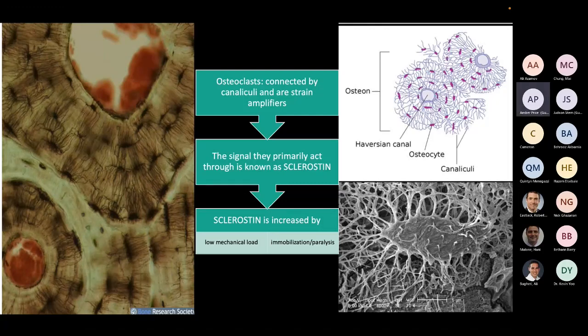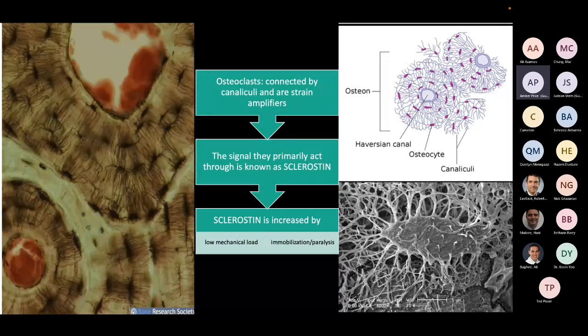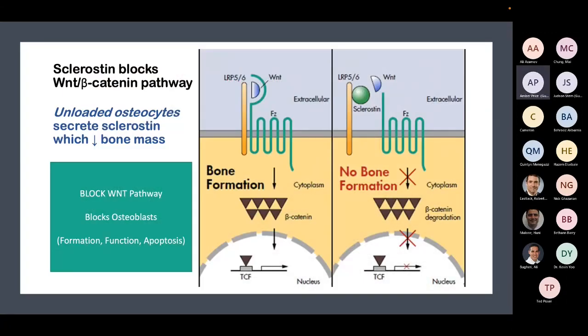And sclerostin for us is not something that we want to see high loads of, because it's produced by the osteoclasts as a response to low mechanical loads, such as immobilization or paralysis or just overall decreased activity. And so what happens is that sclerostin actually blocks the Wnt beta-catenin pathway.